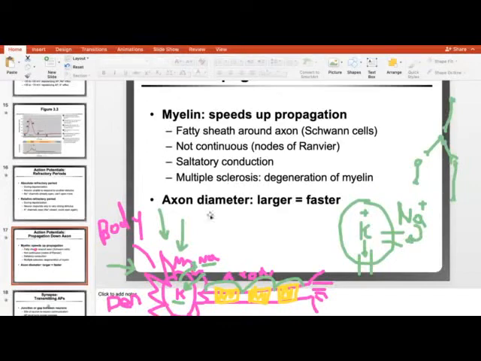All right, bigger axon diameter means that the signal is going to go down the axon faster. So your larger motor units are going to have bigger axons and faster signaling. That's pretty much the discussion on axons and neurons and structure and such.